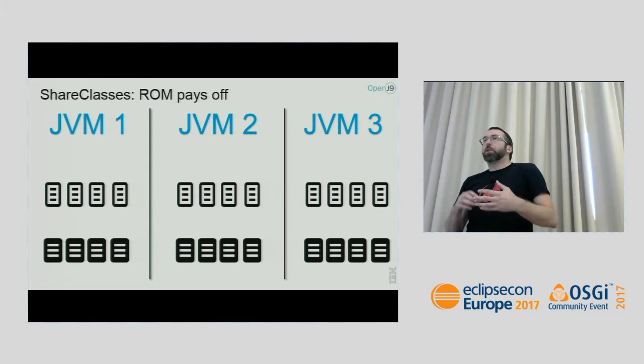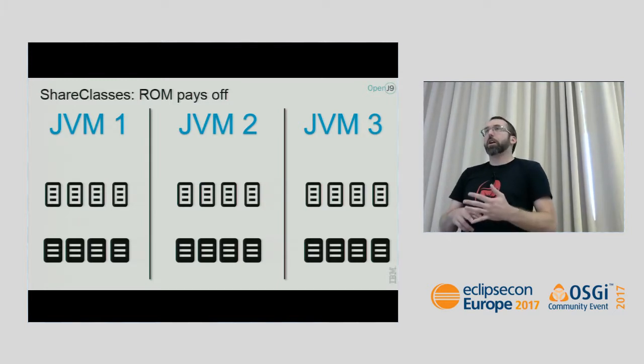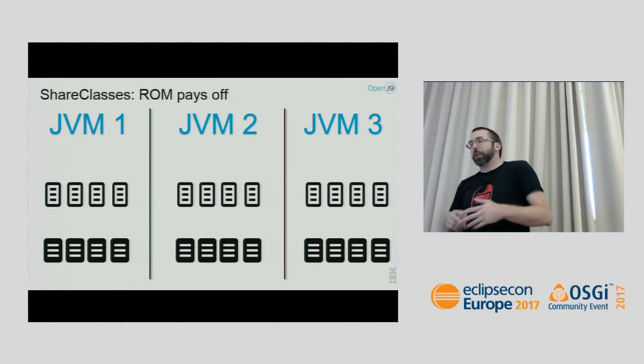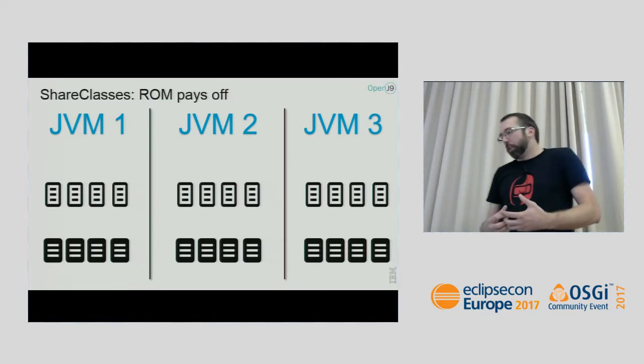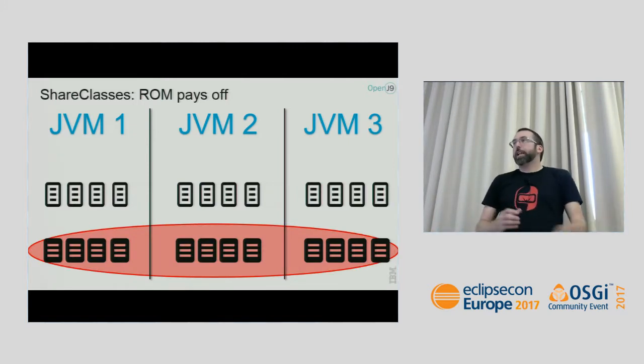Every time you go to load any of these, so creating the RAM class and the ROM class, there's creation time, there's memory usage, and those types of things. Those are all costs.